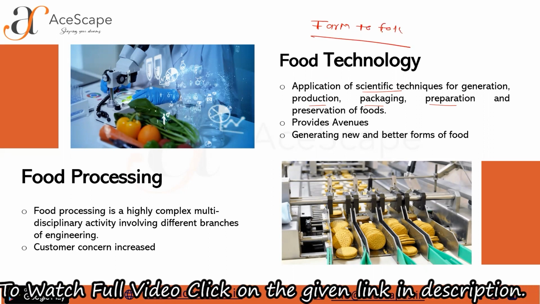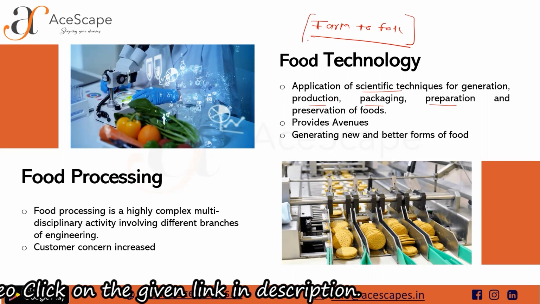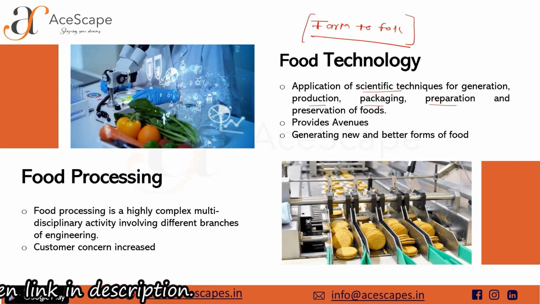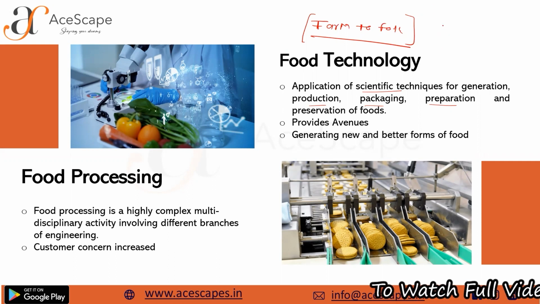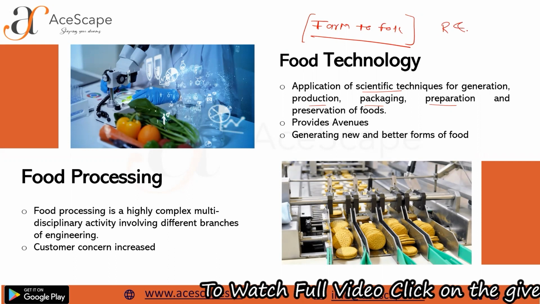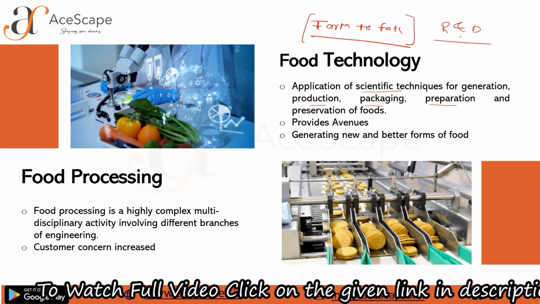When we talk about food technology, we consider farm to fork, everything. See, we are not home science students, or hotel management students. We have to think according to our industry, right? Commercially. If we think about commercial production, there are multiple aspects involved. You first have to perform R&D, research and development.